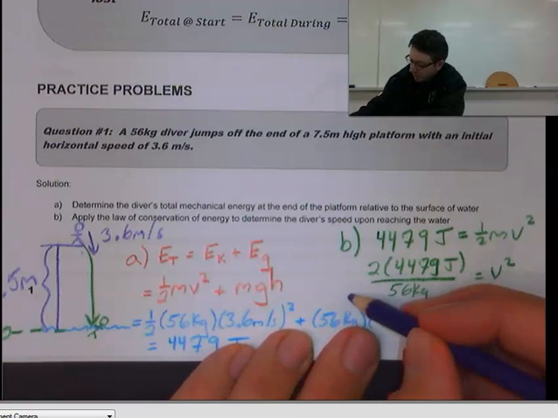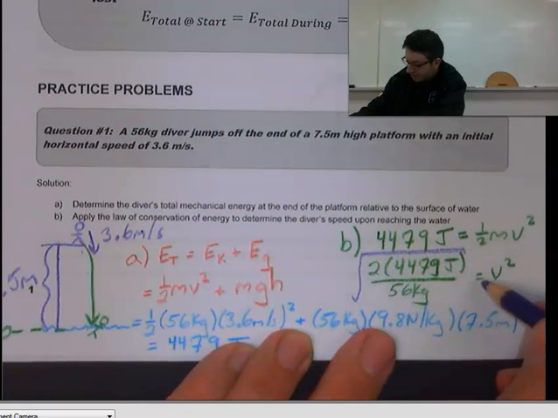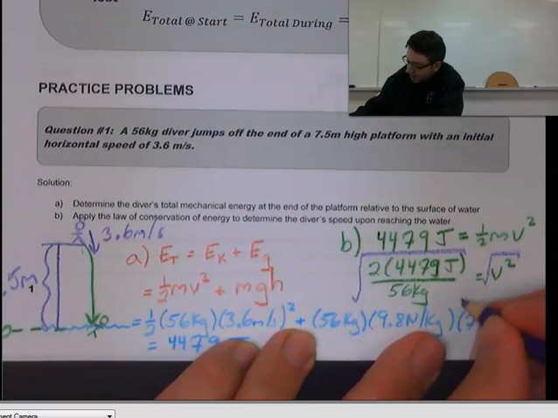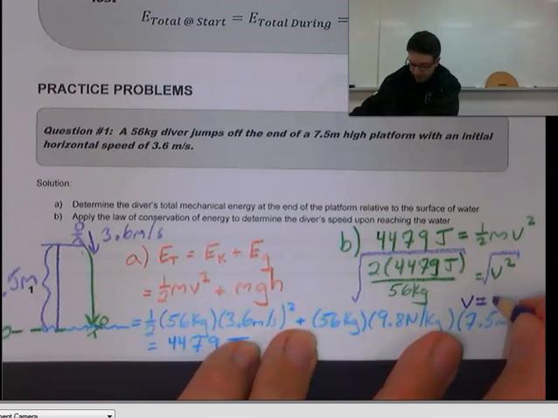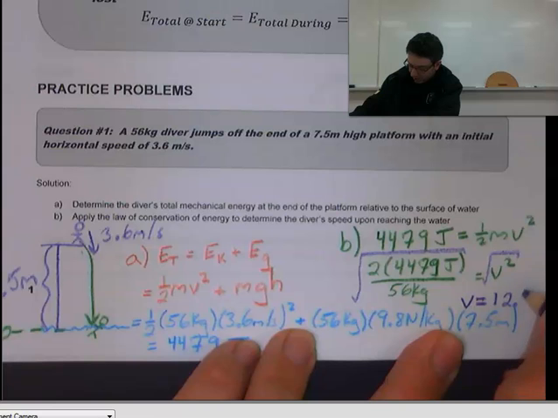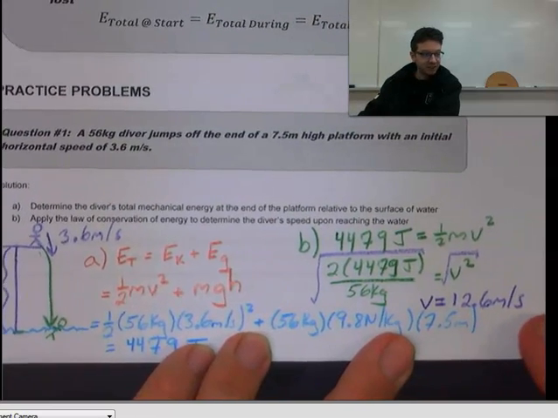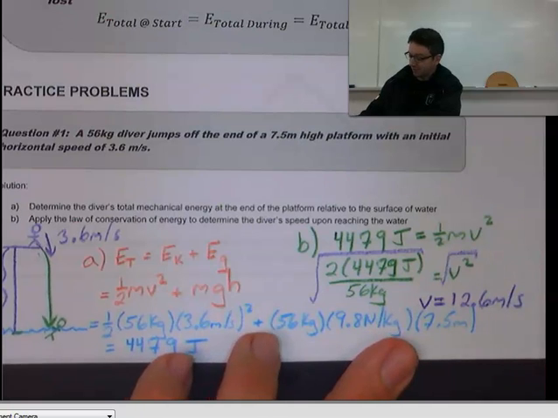Then we take the square root of both sides. If you try this on a calculator, you should get v equals 12.6 meters per second. I did it quickly there because I was running out of room.